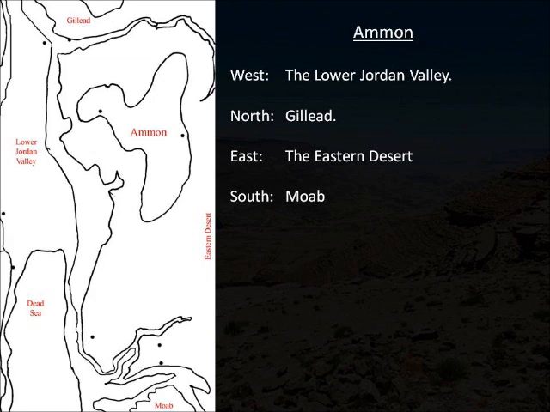Now, to the west, as we've been noting, is the lower Jordan Valley. And you're basically dropping thousands of feet off the map to travel from Ammon to the lower Jordan Valley. Now, to the north, we have the land of Gilead. And the border between Ammon and Gilead is this river known as the Yabok, or the Jabbok River.